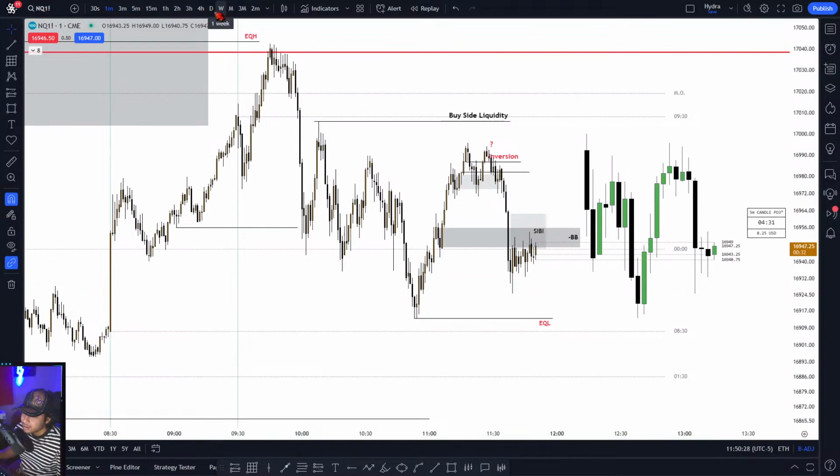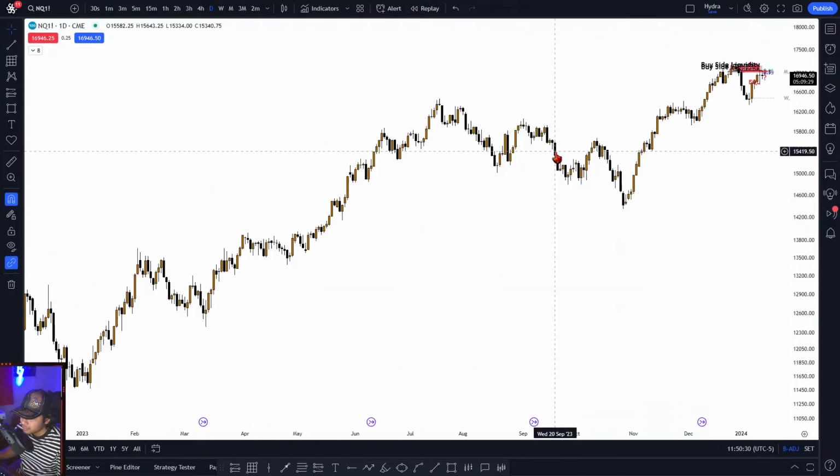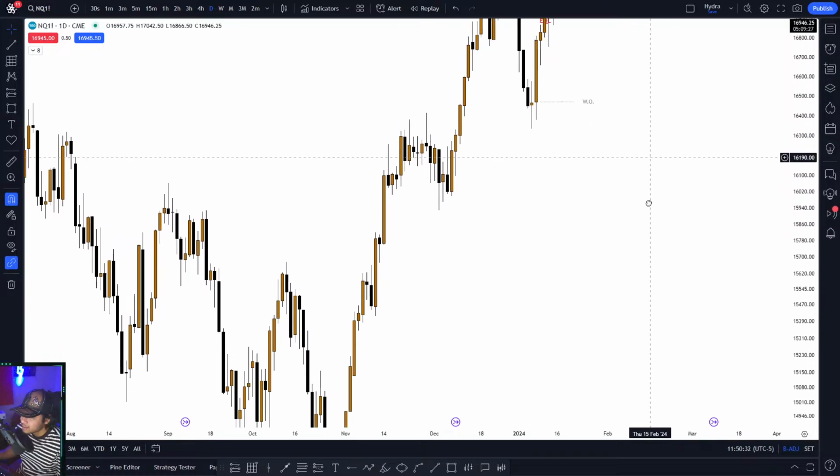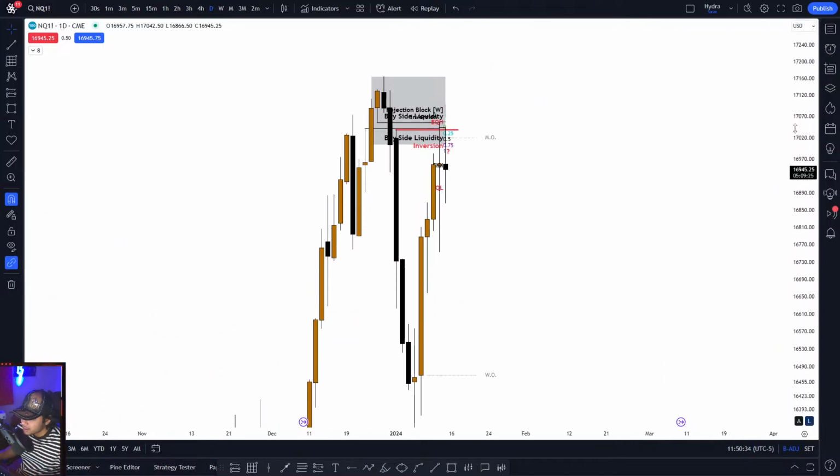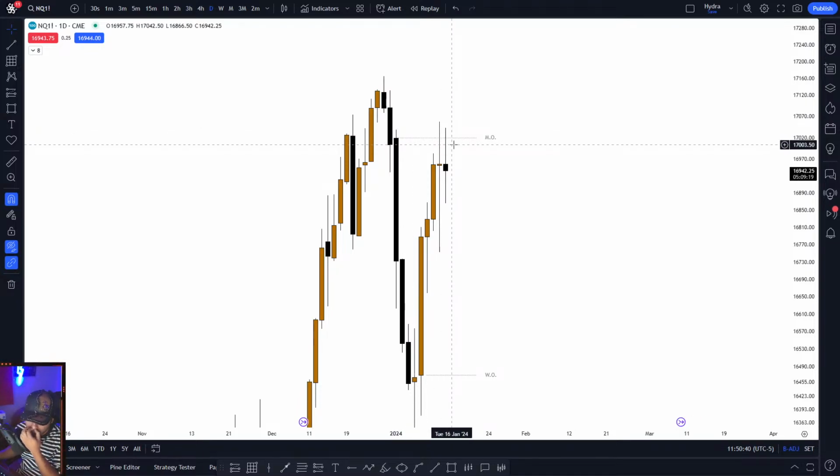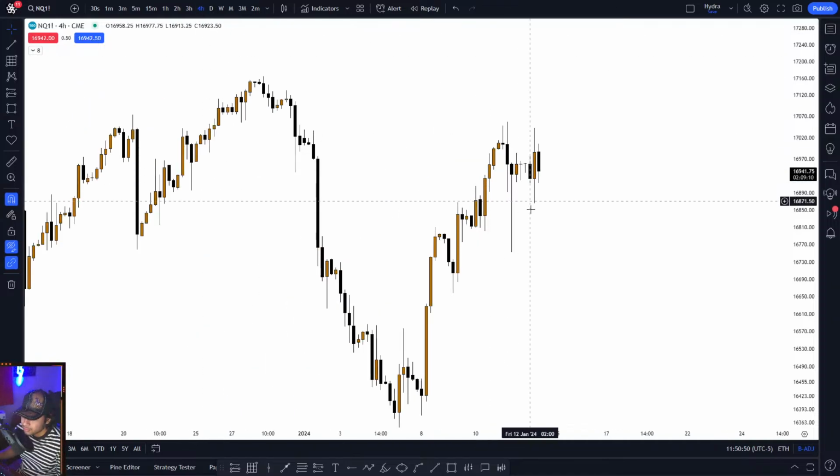But if I take you guys on the daily chart, we're going to look for why price went lower even though there was an SMT. This is the low, and our inversion was here, right? So on daily chart, we basically don't have any PDA. I can see this fair value gap that turned into an inversion. That's it. Let's go to 4 hour.